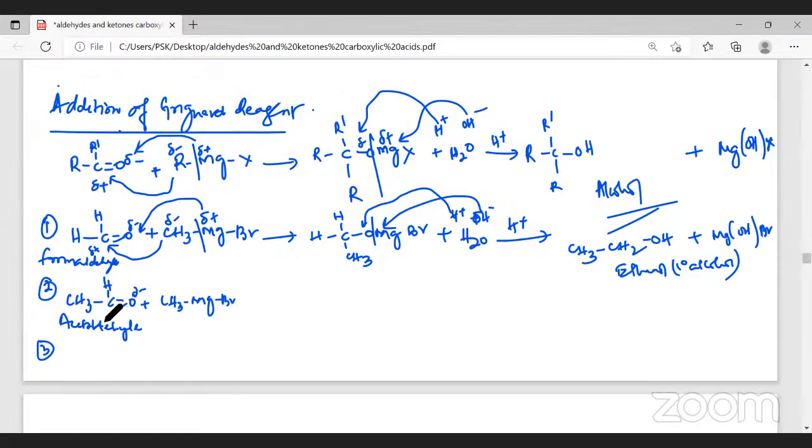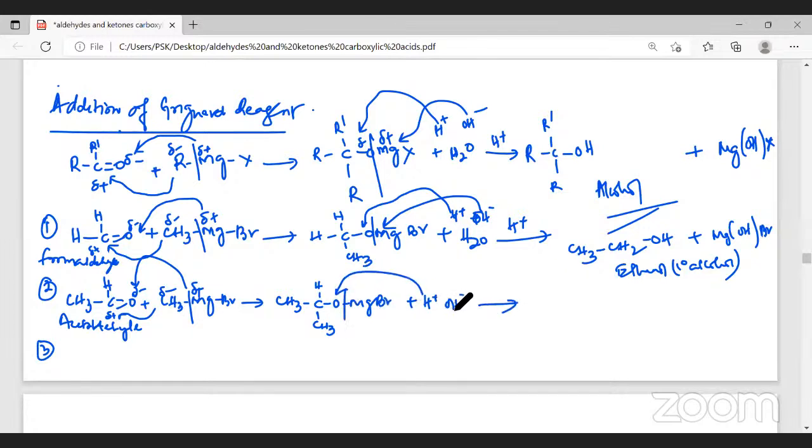Oxygen gains negative charge, carbon gains positive charge, magnesium is positive, carbon is negative. So you know what happens. This CH3 attacks this carbon, and this magnesium attacks this oxygen. So what's the product you get? You get CH3, CH, CH3, and OMgBr.